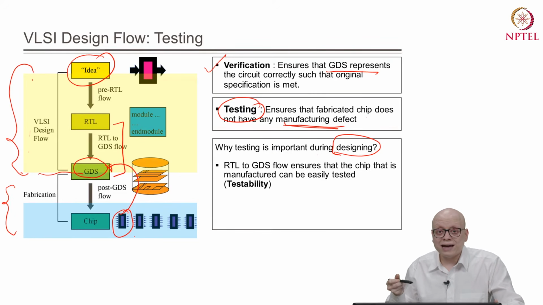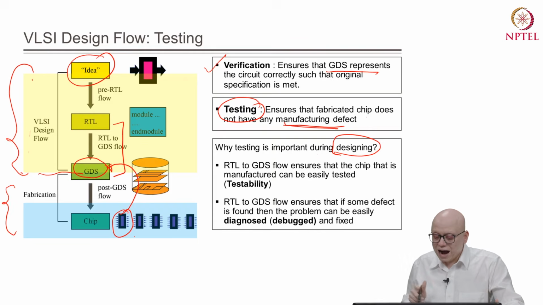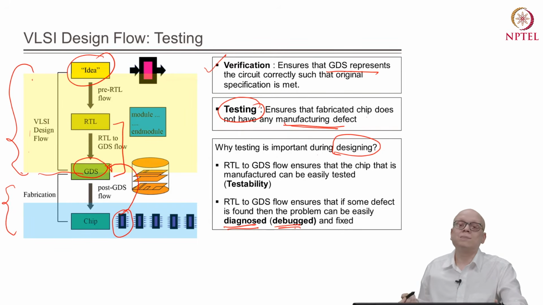If we don't carry out those kinds of modifications or add features to our design, then testing will become very difficult, right, and therefore, testing needs to be considered during the design step also. And the RTL to GDS flow ensures that if some defect is found, then the problem can be easily diagnosed and debugged, and if required we can fix some problem, right. So, therefore, testing is very important even during the design step, right.